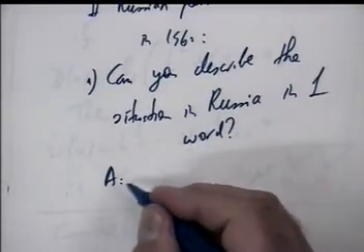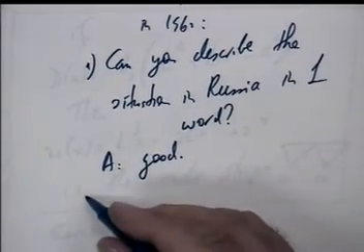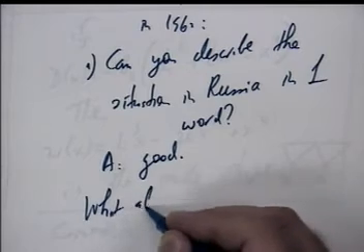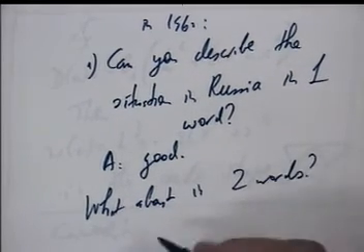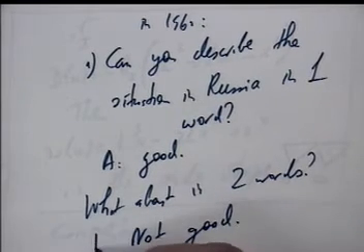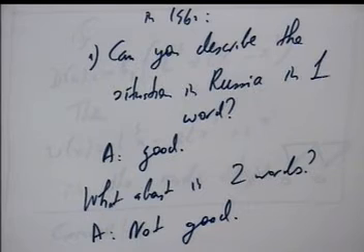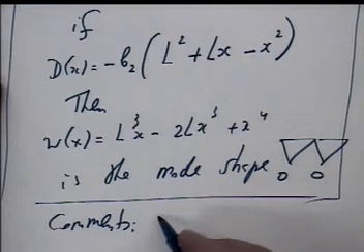His answer was good. Then he was asked, what about 2 words? He said, not good. Okay? In 1 word, he said, situation is good. In 2 words, he said, situation is not good.